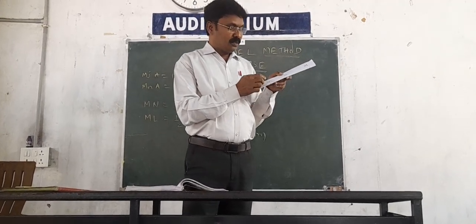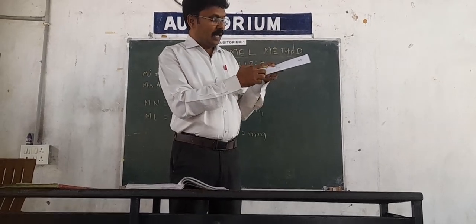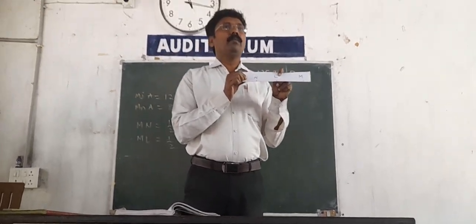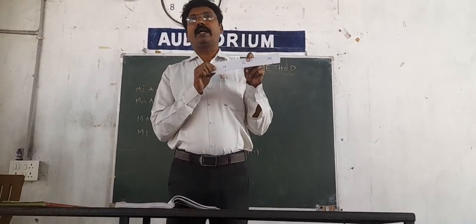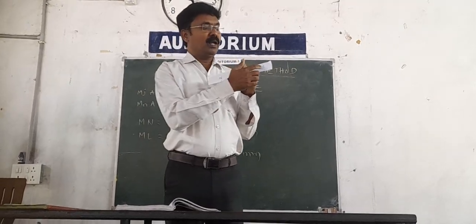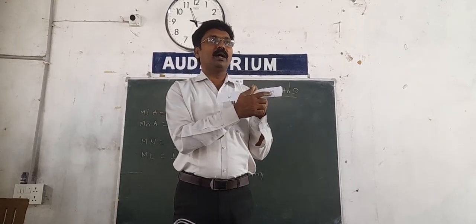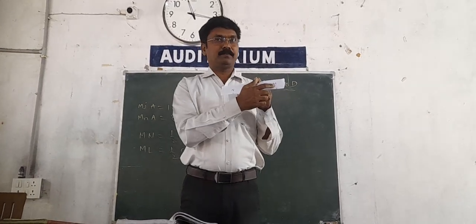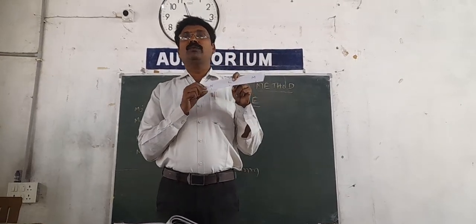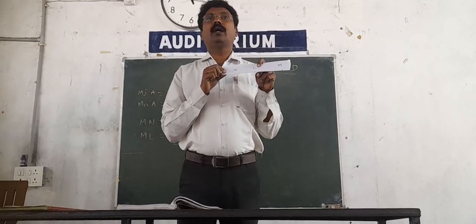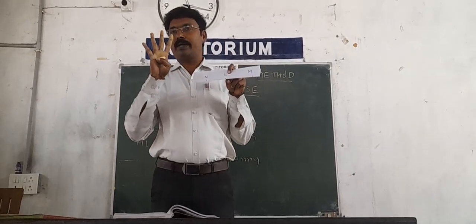Always these L and N, these two are on the major axis and minor axis. M will be the required point, moving on all sides by the 4 quadrants.